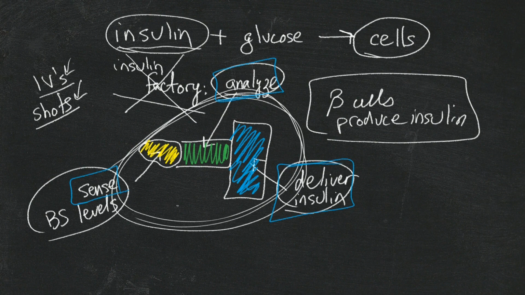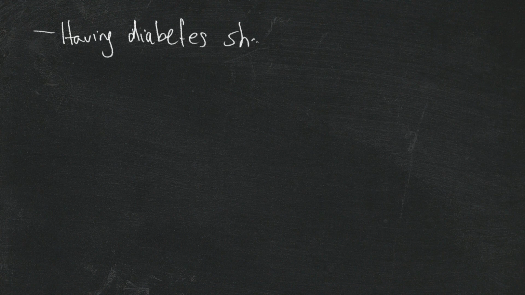So let's talk a little bit about the exhausting part, and now that we have an idea about what we'll need to do, let's talk about what things are going to look like in your future as we're managing diabetes. The most important thing to realize is that having diabetes shouldn't stop you from doing anything.